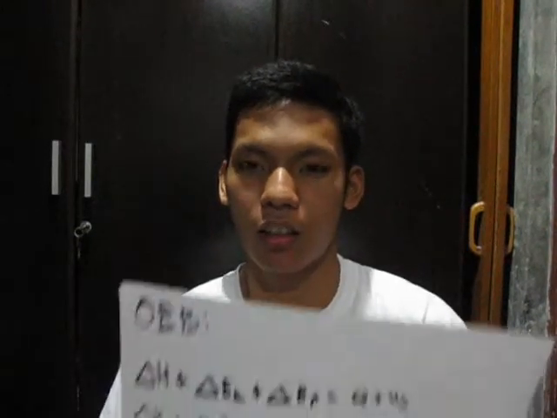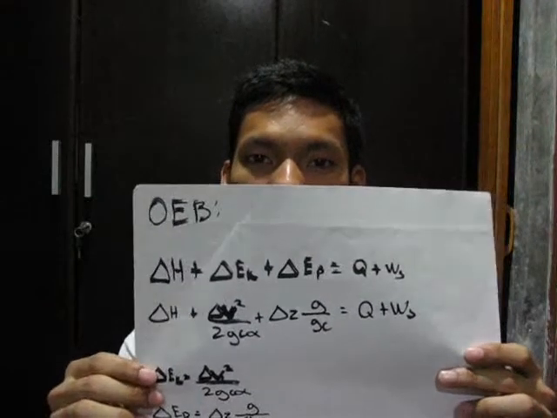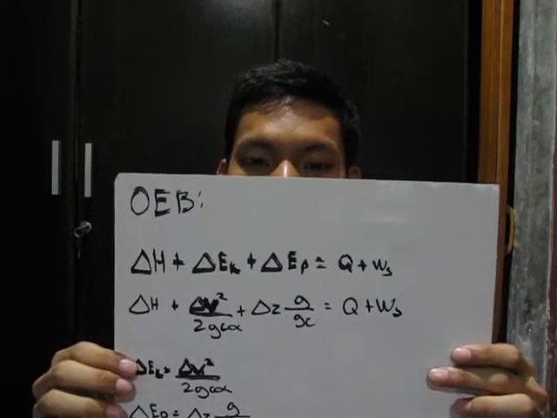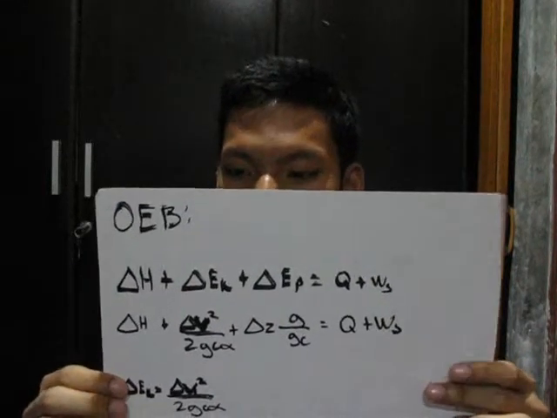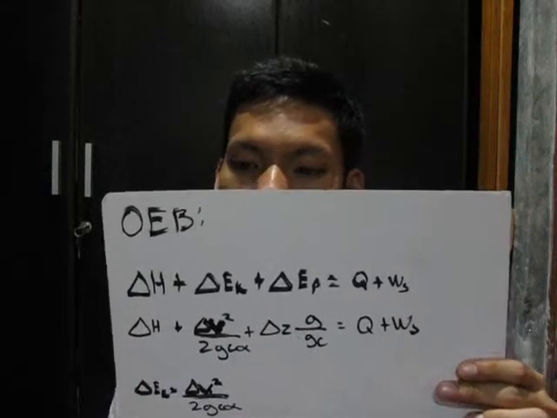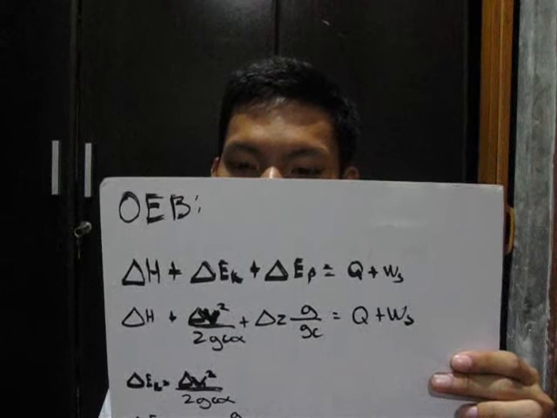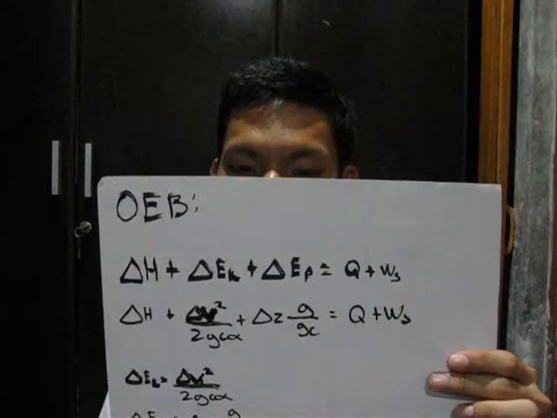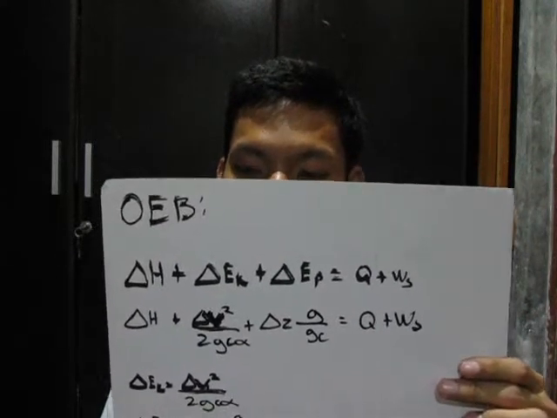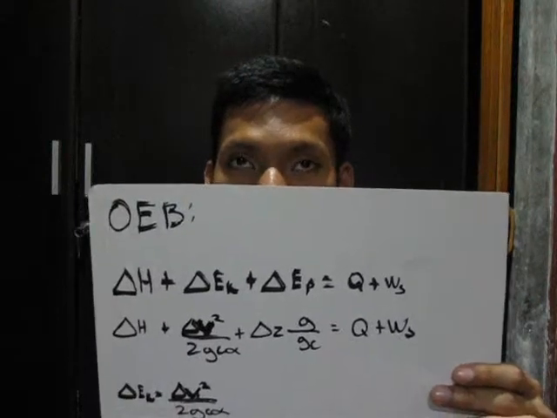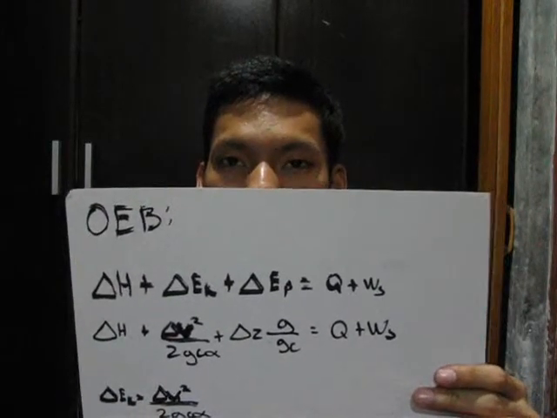Now, I'm going to discuss the overall energy balance, and this is the OEB equation: delta H plus delta E sub K plus delta E sub P equals Q plus W sub S. If we expand the formula, it will be delta H plus delta v squared over 2 gc alpha plus delta Z times g over gc equals Q plus W sub S. If the flow is laminar, alpha will be 0.5, and if it's turbulent, alpha will be equal to 1.